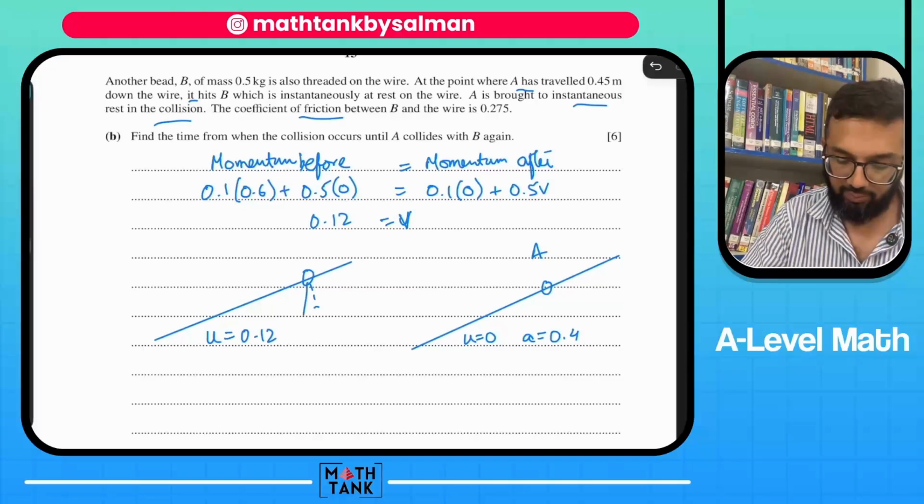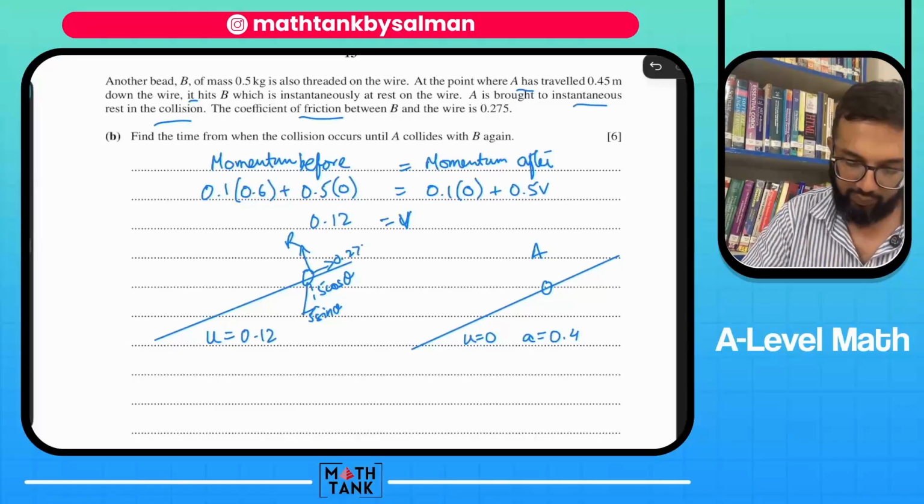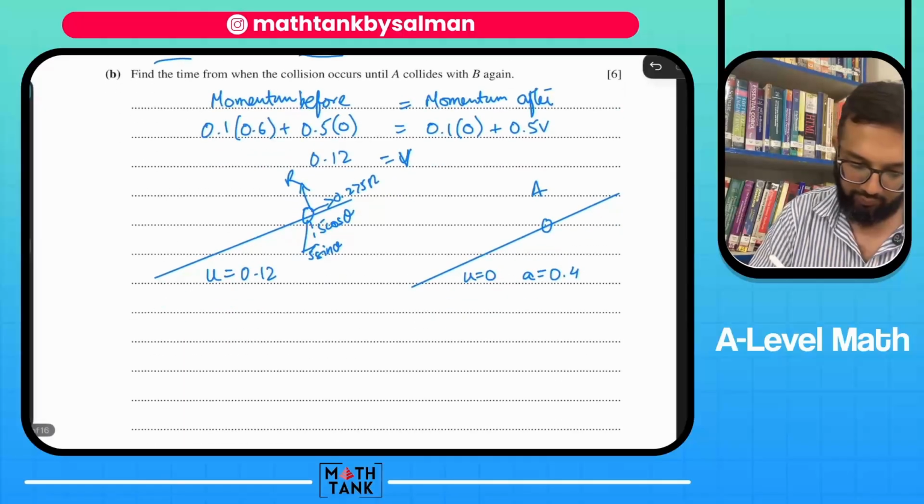अब उसकी एक्सेलरेशन निकालने के लिए फिर से F equals ma करना पड़ेगा। तो 5 sin θ, 5 cos θ R and 0.275 R. तो 5 sin θ - 0.275 R, R कितना हो जाएगा?